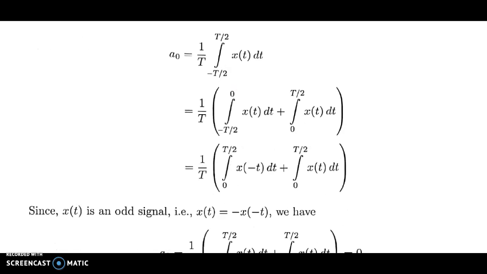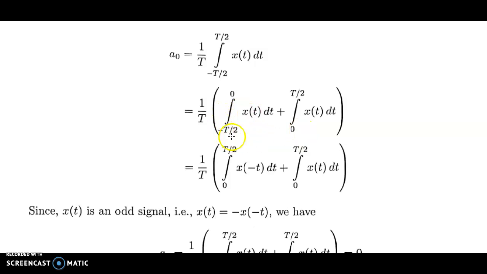Okay, so first case is a0 is 1 by T integral minus T by 2 to T by 2 x of t dt. The limit of integration is changed from 0 to T to minus T by 2 to T by 2, and again the limit of integration is divided into 2, that is first is from minus T by 2 to 0 x of t dt, second is from 0 to T by 2 x of t dt.